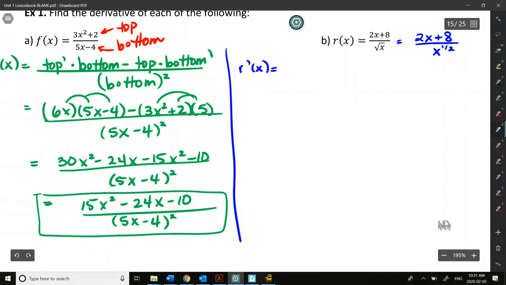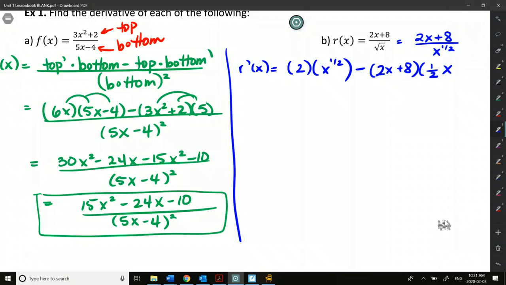All right, so r prime at x will be derivative of the top, which is 2, times the bottom just as it is, so x to the positive half, minus the top just as it is, times derivative of the bottom. So for derivative of the bottom, we're bringing down the half and subtracting 1 from the exponent. So when I do half minus 1, I get negative 1 over 2.